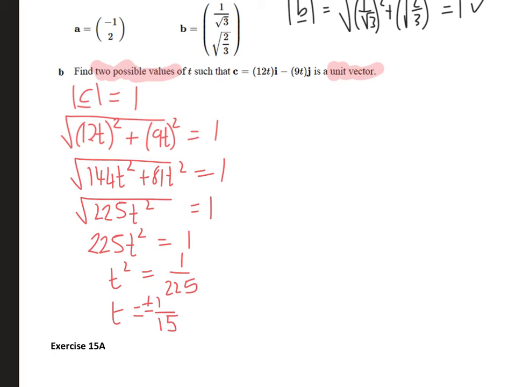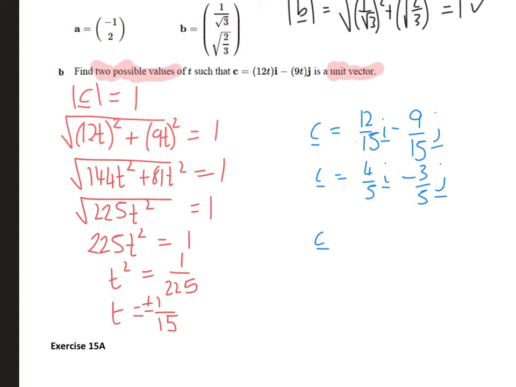You could always sub those back in to check. So one would be 12 over 15 i minus 9 over 15 j, which if you simplify you just get 4 over 5 i minus 3 over 5 j. And if you could do Pythagoras, you might spot the 3, 4, 5 triangle.